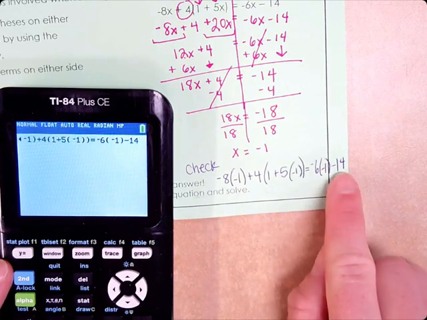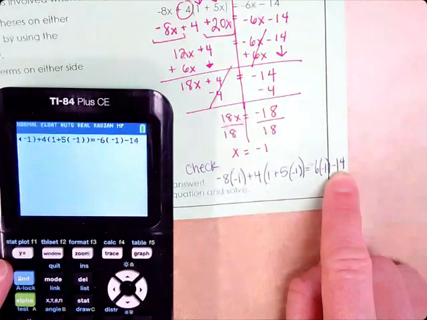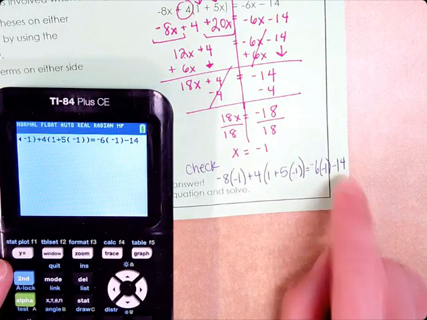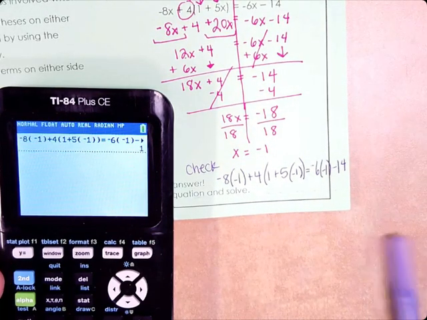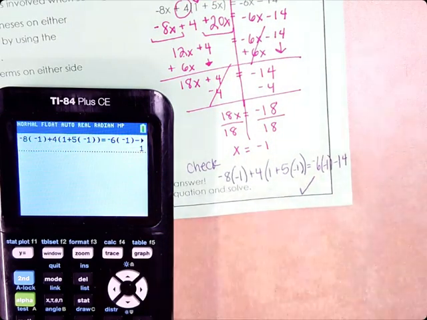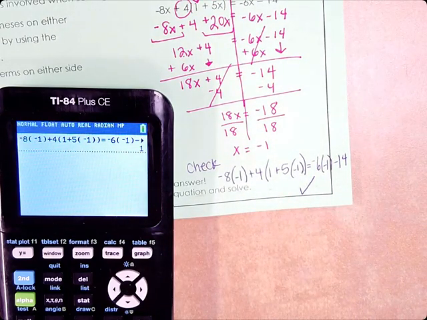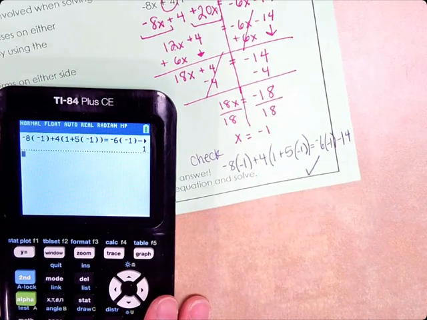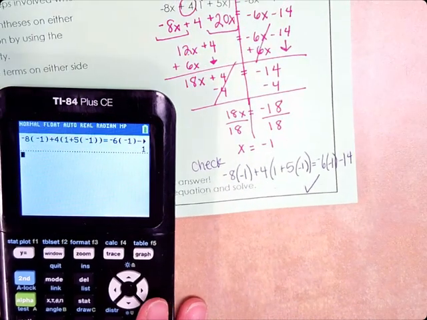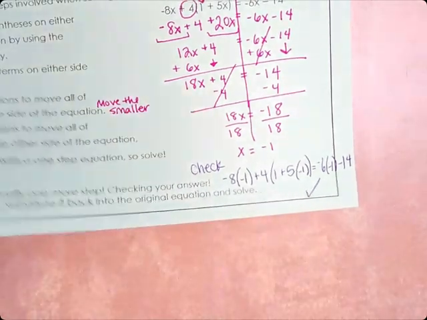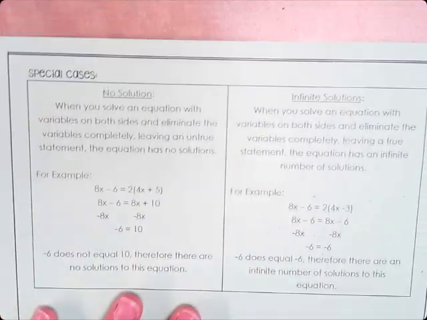And make sure you use the minus 14 and not negative 14. So if it comes out as 1, that means we checked it and it is correct. All right, so hopefully you're comfortable with solving these equations now. Let's move on to the special cases.